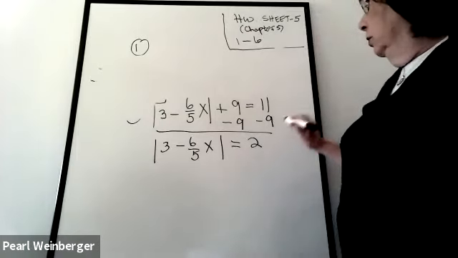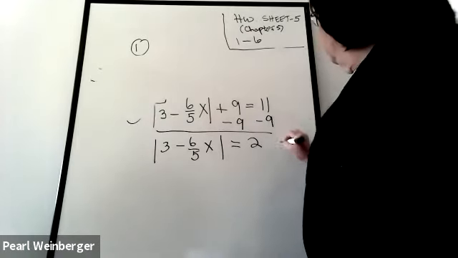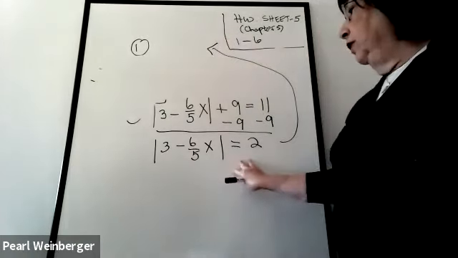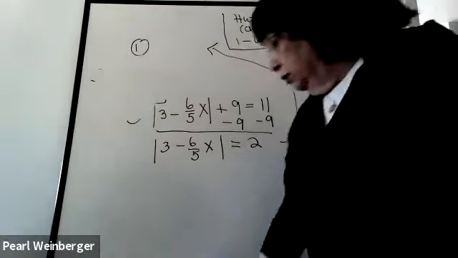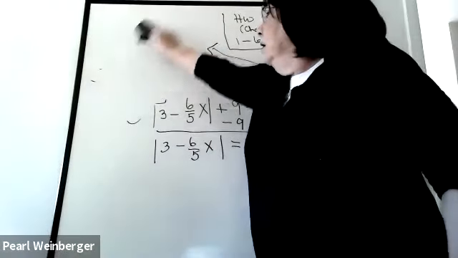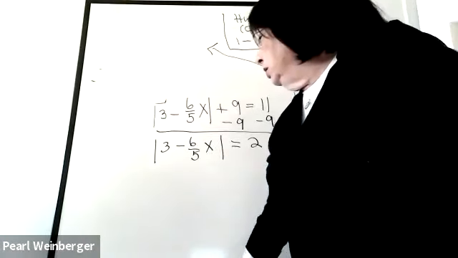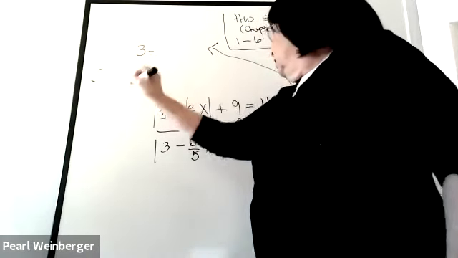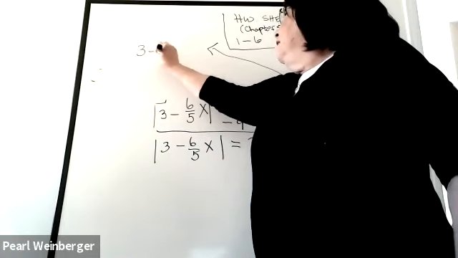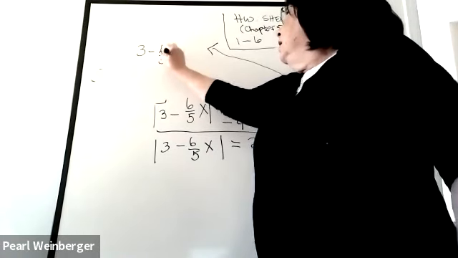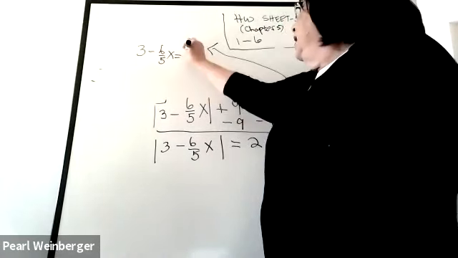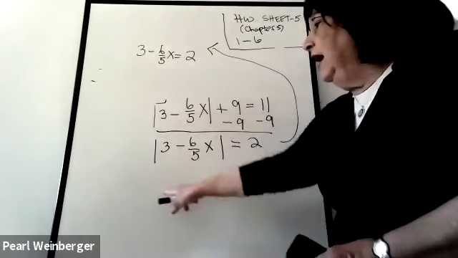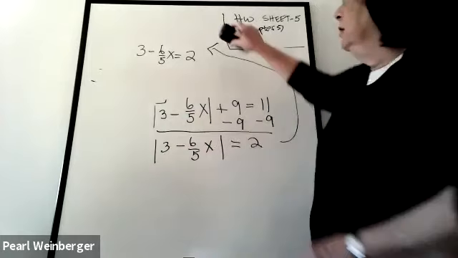What I'm going to do, go over here, is when I have an absolute value equation, I break it up into 2 equations. One equation I get by setting 3 minus 6 over 5x equals 2. I just rewrite the equation without the absolute value signs.